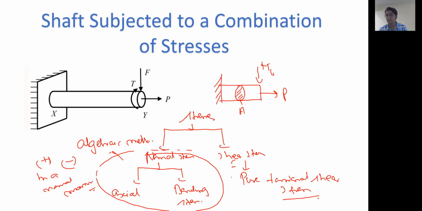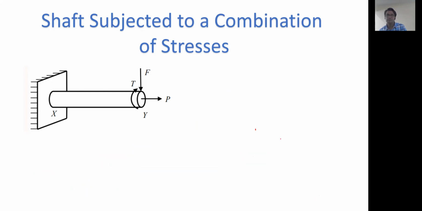No, it can't be. So we have to deal with this in some other way. Let us first see what is in this diagram. Here I have told you that this shaft has been subjected to axial and bending loads. So here we have two points, say A and B. Our final object will be somewhat like this.